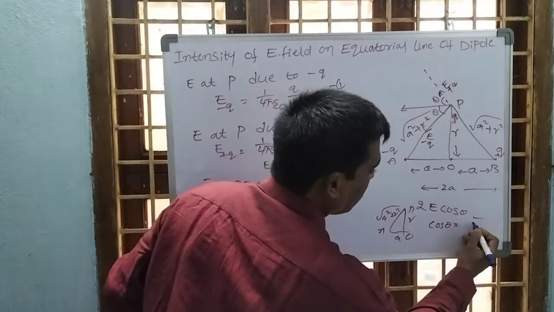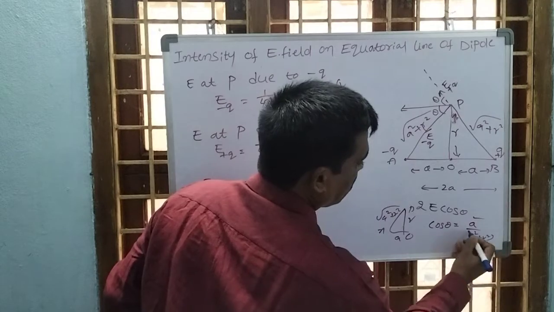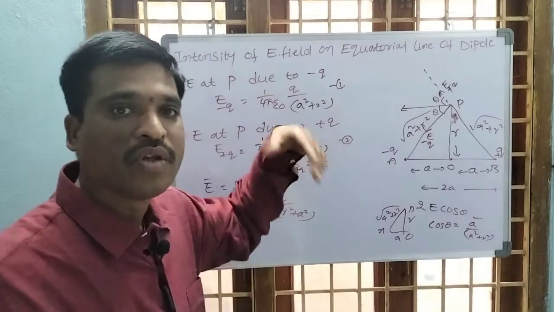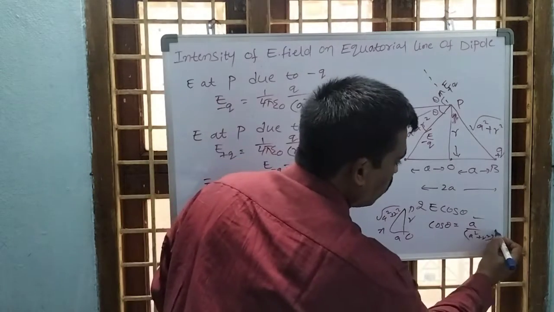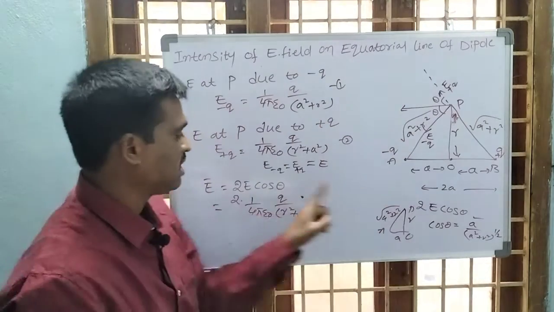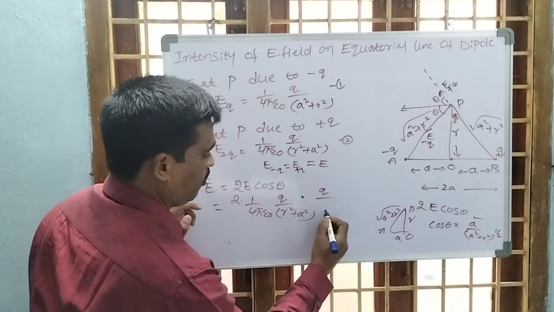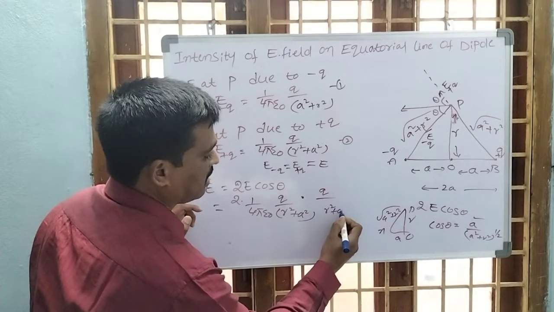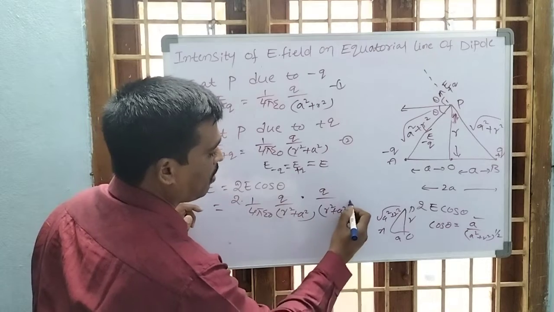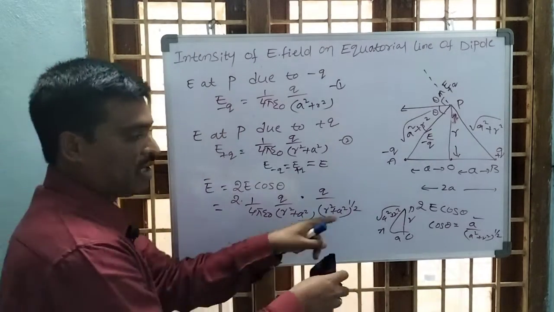A. A by A square plus R square, but since it is a root, to the power of 1 by 2. Here also substitute the cos theta. Cos theta equal to what here? Q by R square plus A square to the power of 1 by 2. Clear na? Now I will rub this.